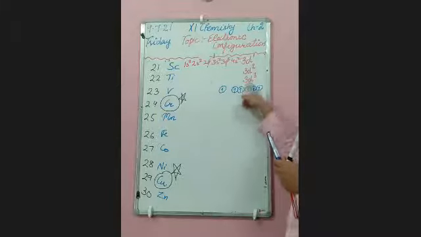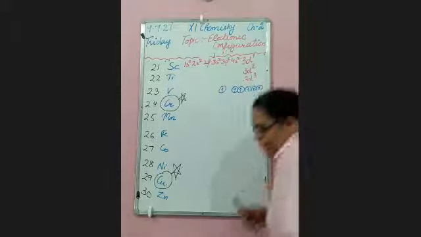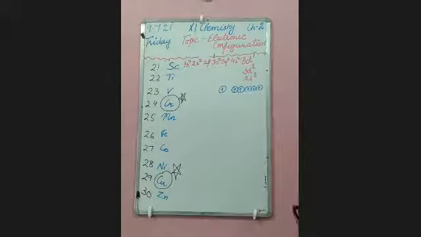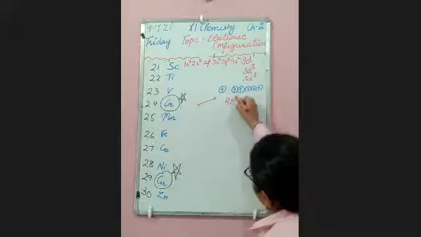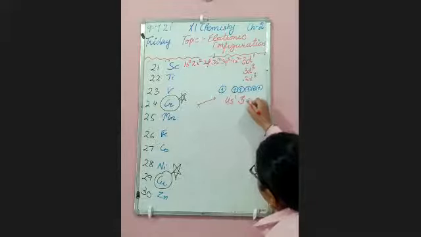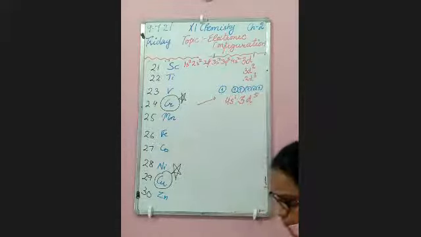In this, all the orbitals have one electron present, which is making it half-filled. And you know, half-filled and fully filled configurations are very much stable. So, in this case, the configuration will be 4s1 and 3d5.